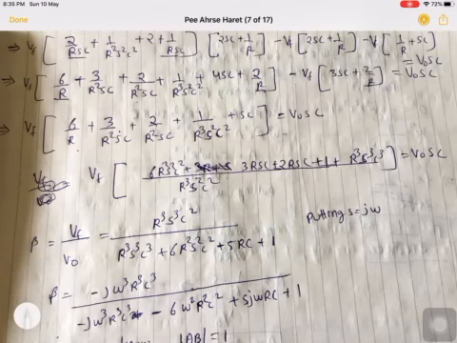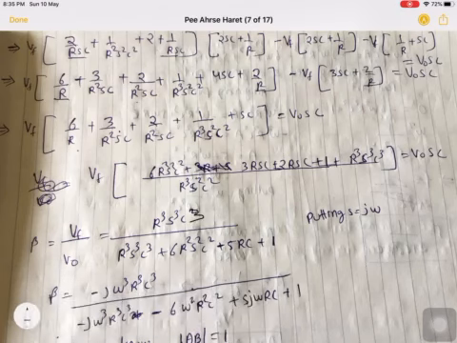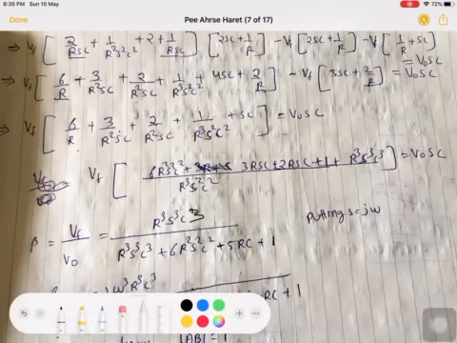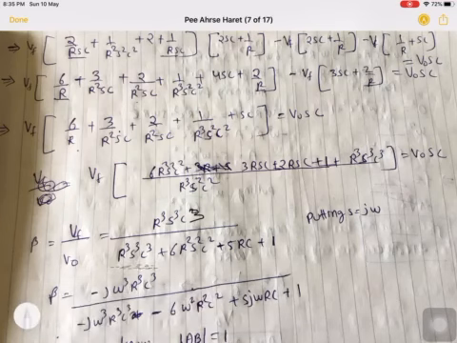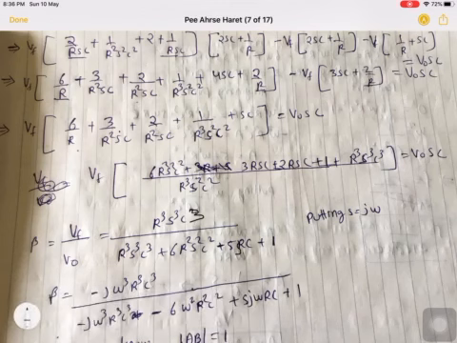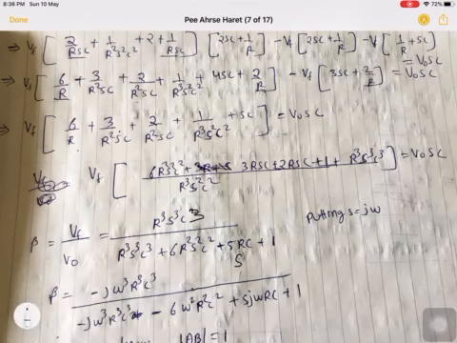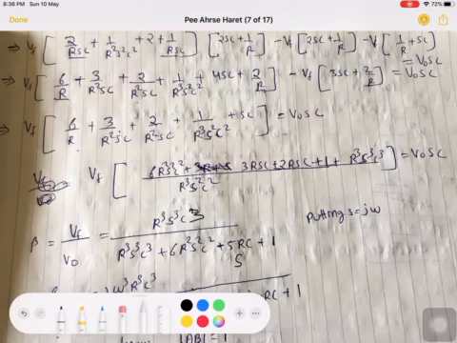Taking ratio, we will get R cube S cube C cube upon R cube S cube C cube plus 6 R square S square C square plus 5 RSC. Here it should be 5 RSC. Then this is plus 1.